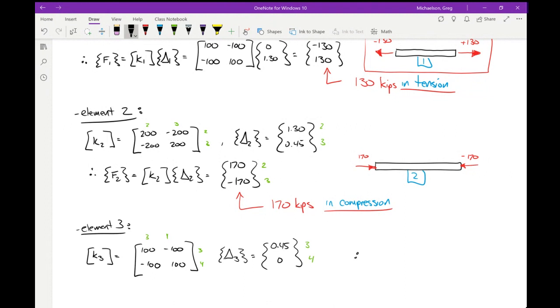So, anybody just know what this is going to be? Has somebody already done this math?